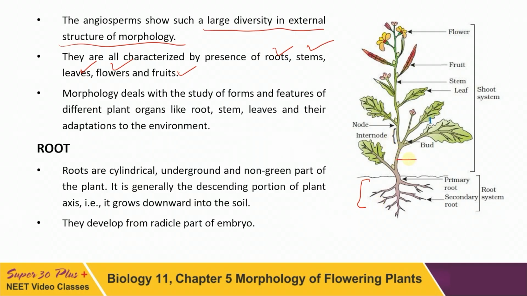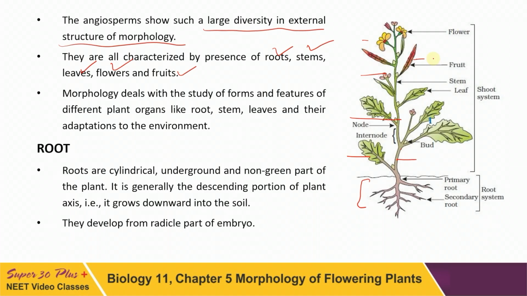Here the stem usually is aerial, and the root is usually inside the ground, underground. The stem consists of leaves, and buds are also there. The stem is the central axis, which has a distinction of nodes and internodes. At the time of reproduction, the plant bears flowers. The flowers will be converted into fruits, and inside the fruit there will be seed.